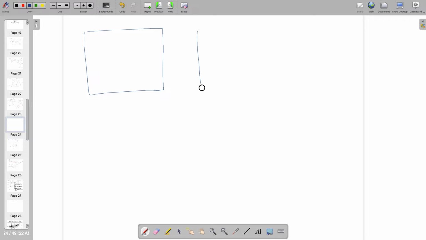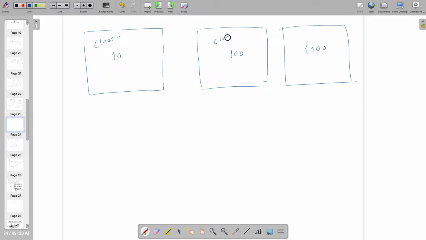We have various environments, known as class 10, class 100, or class 1000, equivalent to how many diluted molecules are there inside that particular environment, and maybe class 10,000 also.